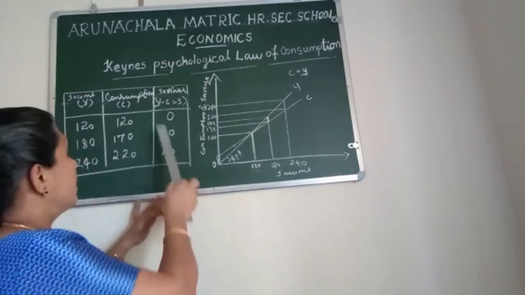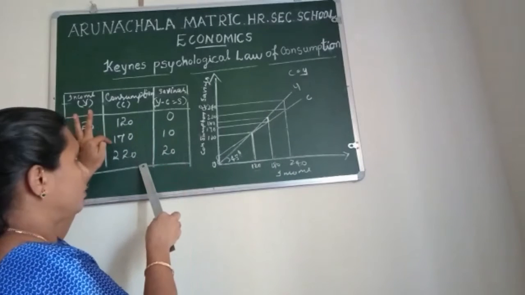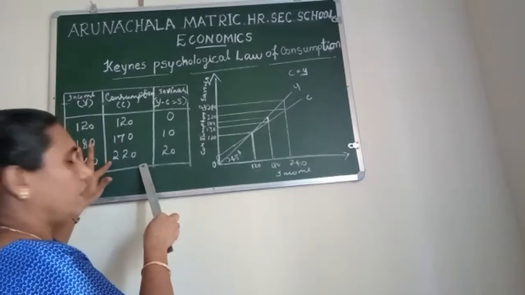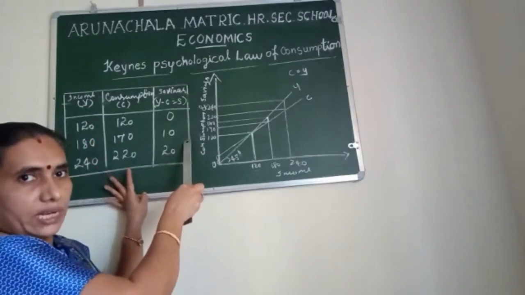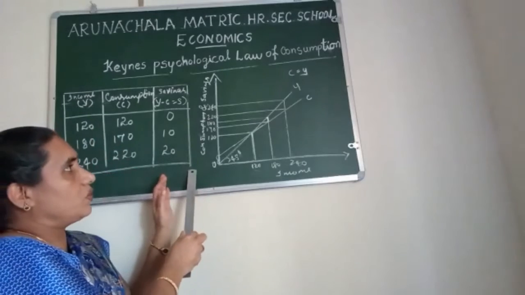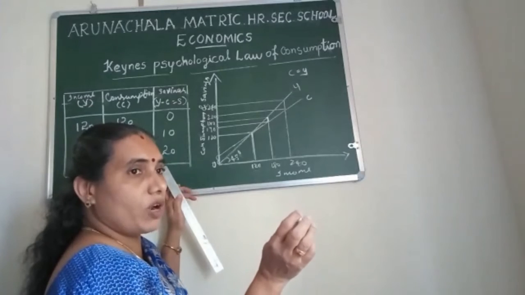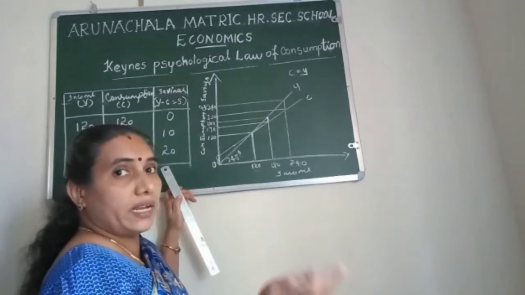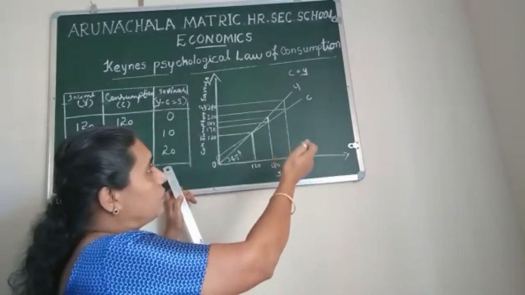You see here the consumption goes from 120 to 170, 170 to 220, increasing by 50 each time, and the savings also show a difference of 10. So the second proportion means the income is divided, some proportion to consumption and some proportion to savings.